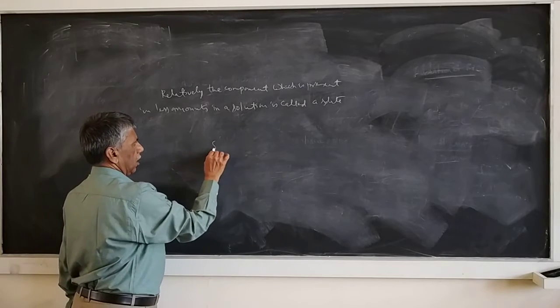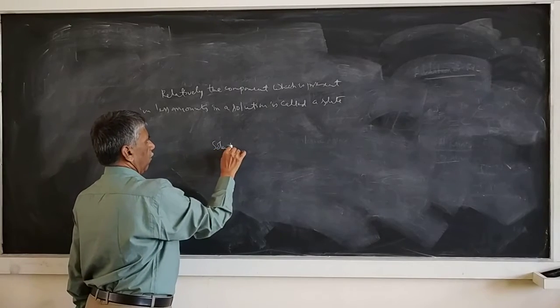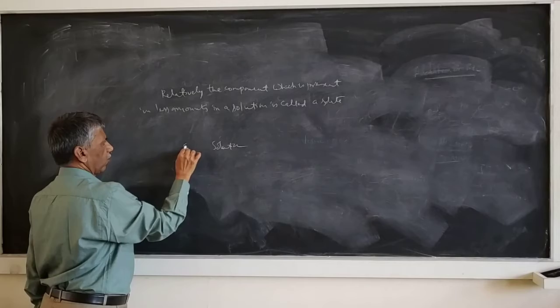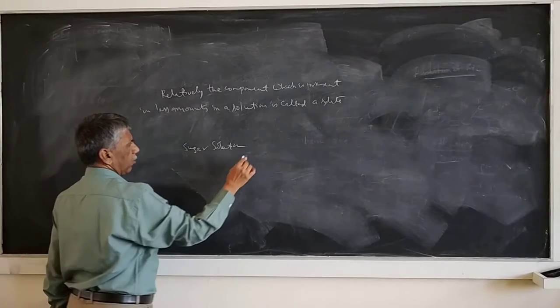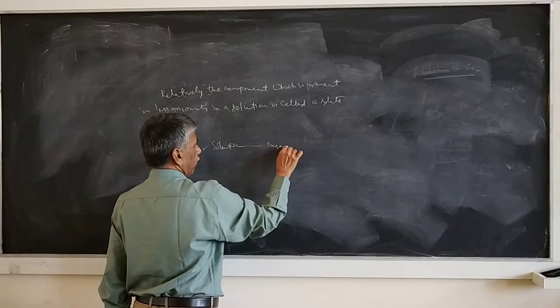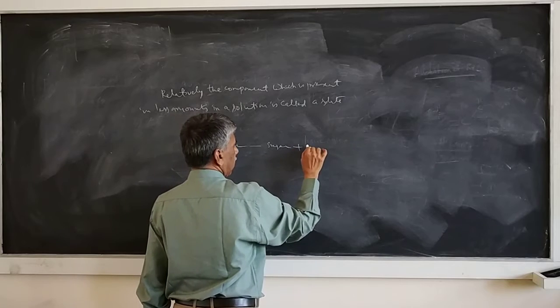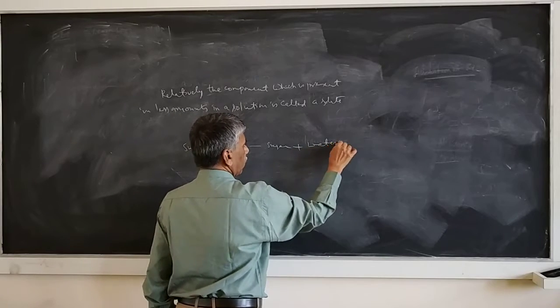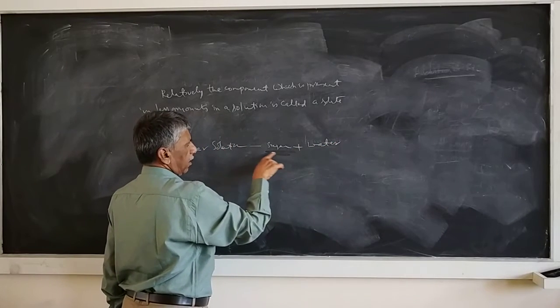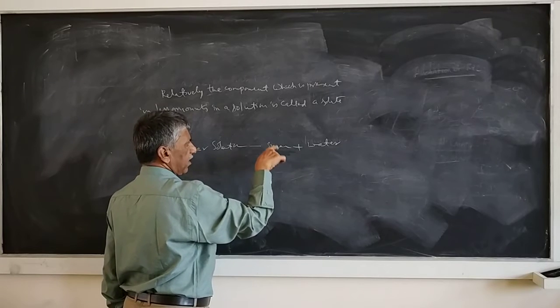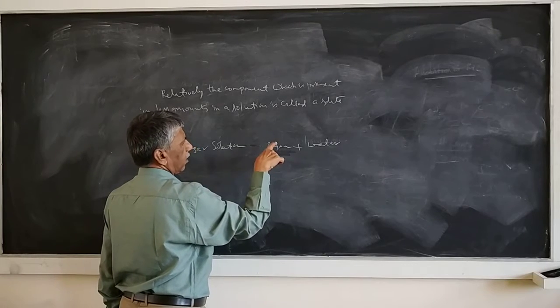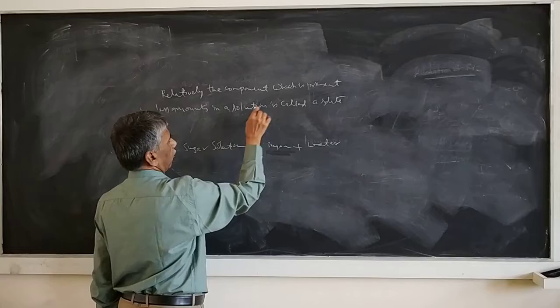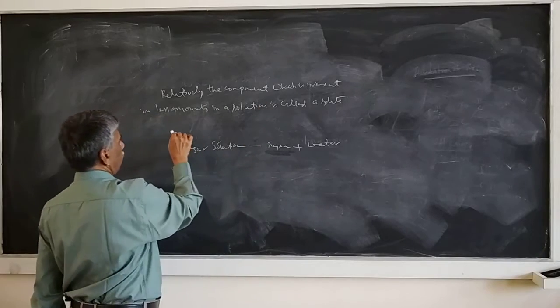So, for example, again, if you take a sugar solution, we know that there is a little amount of sugar and more amount of water. So the component which is present in less amounts is usually called solute. Okay.